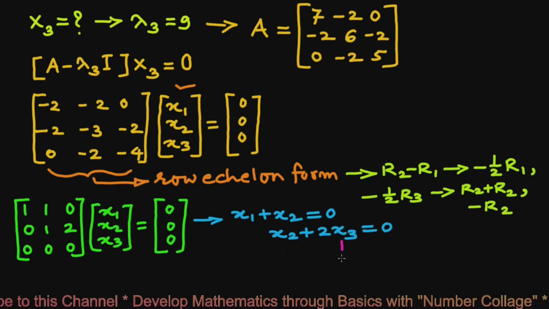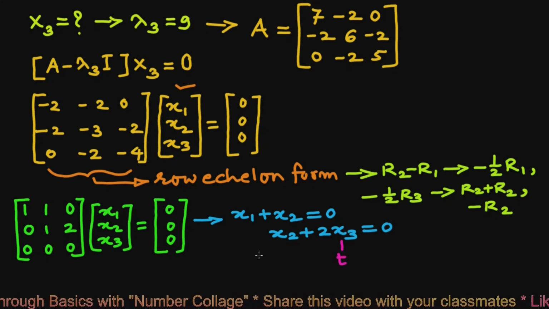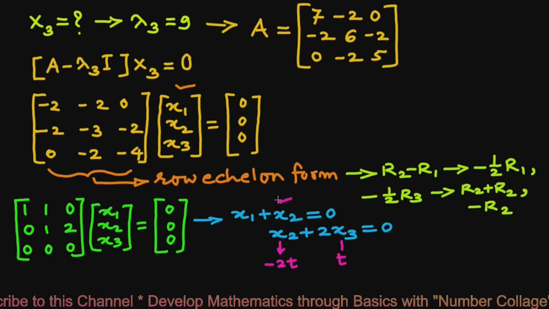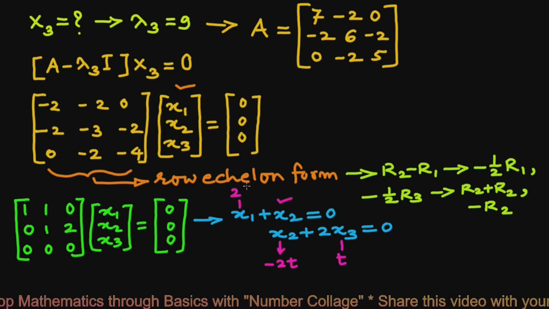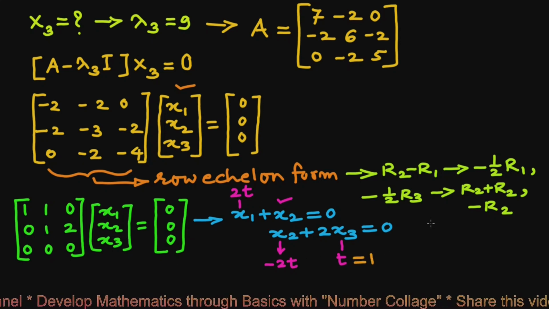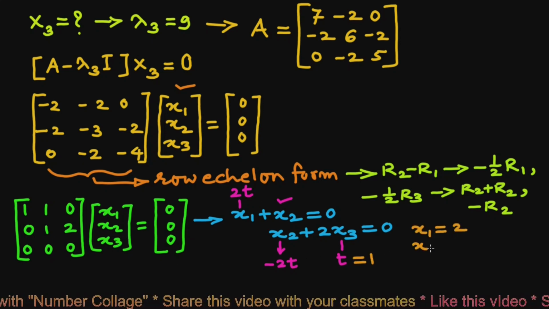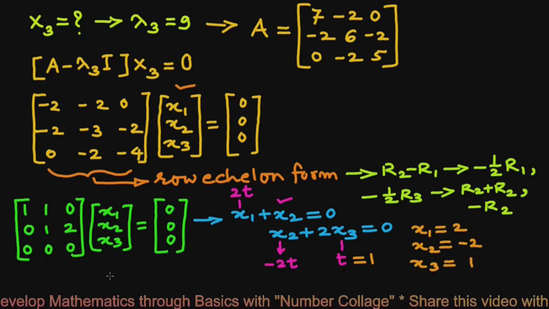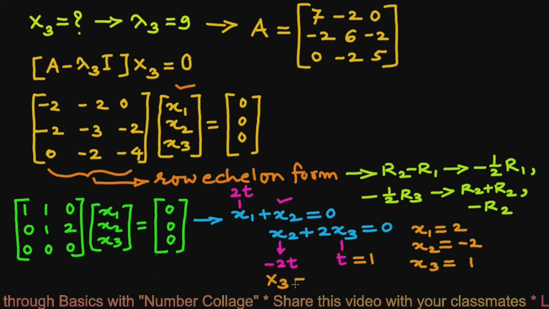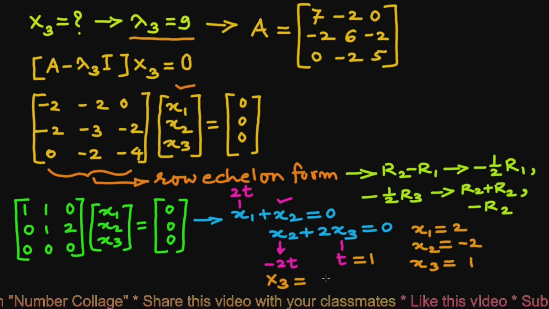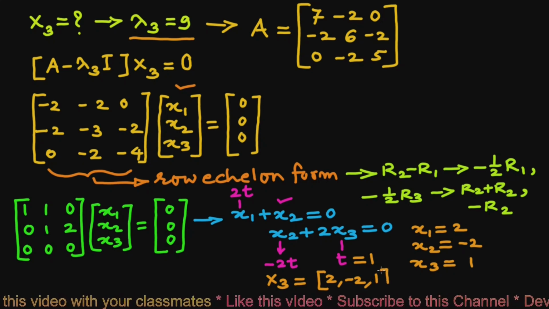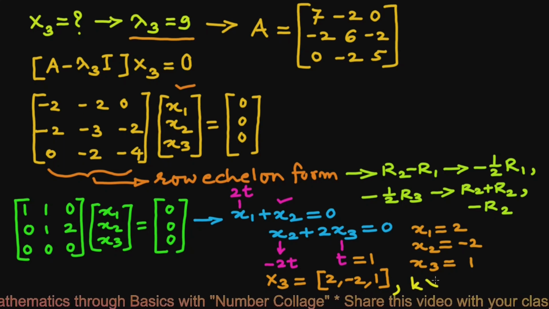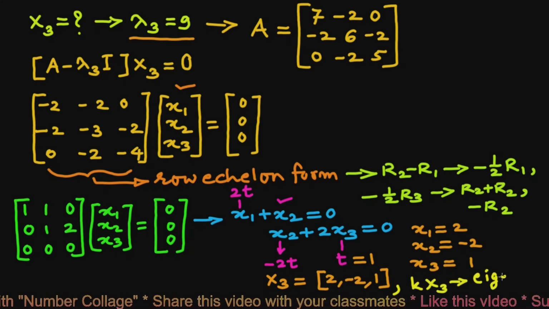By writing x3 equals parameter t, we get x2 equals minus 2t, and using minus 2t in x2 here, we get x1 equals 2t. Now putting t equals 1, we get x1 equals 2, x2 equals minus 2, x3 is 1. So the required eigenvector x3 corresponding to the third eigenvalue 9 is (2, -2, 1), and as usual, if k is any non-zero scalar, then kx3 is also an eigenvector.